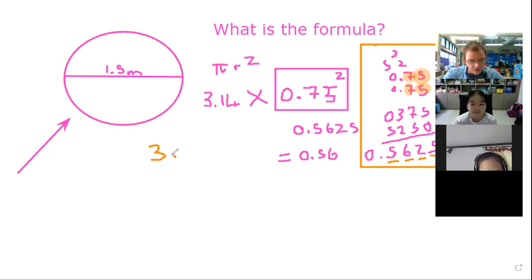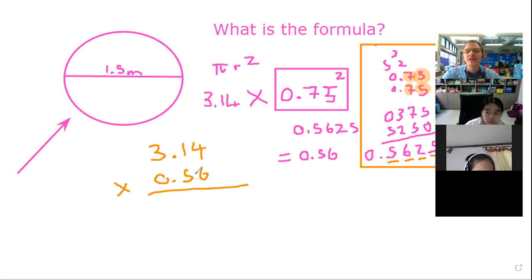Okay, and then we have to take 3.14, multiply that by 0.56. Again, there are 4 digits behind the decimal point, so we will have 4 digits behind the decimal point in our final answer. 6 times 4 equals 24. 6 times 1 equals 6 plus 2 equals 8. 6 times 3 equals 18. 0, placeholder. 5 times 4 equals 20. 5 times 1 equals 5 plus 2 equals 7. 5 times 3 equals 15.